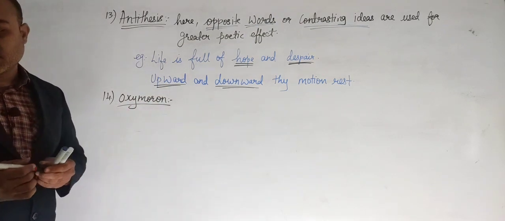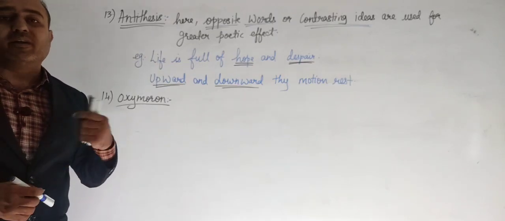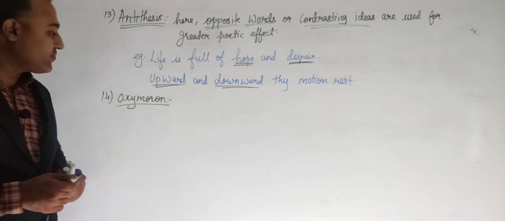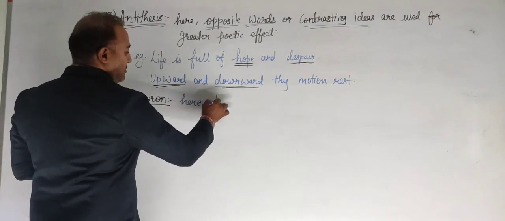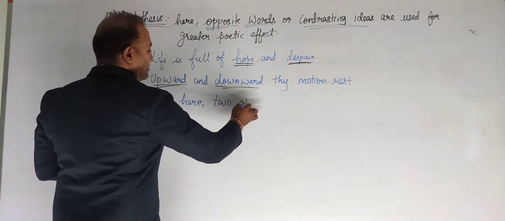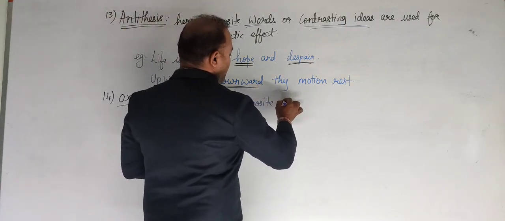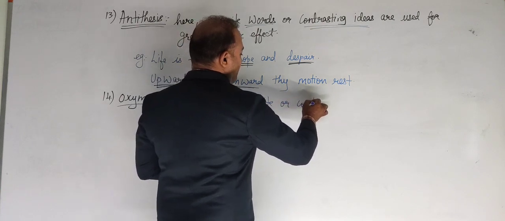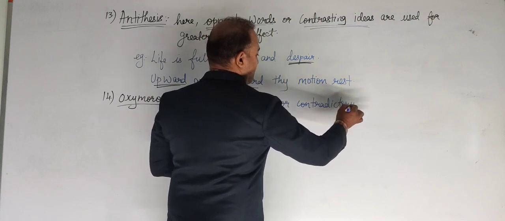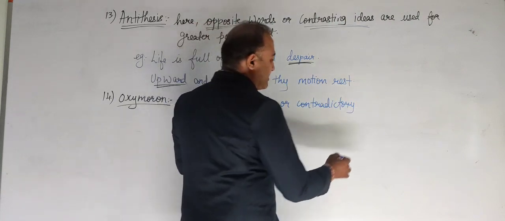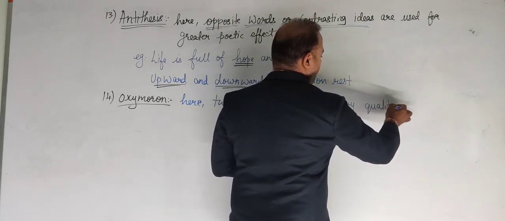Okay, the next figure of speech is oxymoron. Here two opposite or contradictory qualities describe the same thing. Two opposite or contradictory qualities, right?